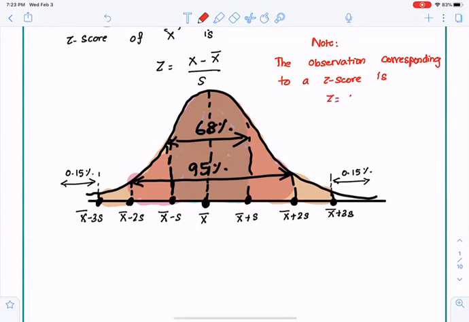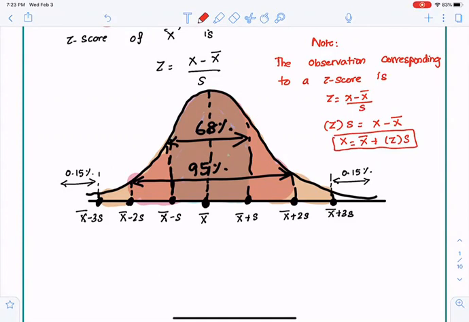If I rewrite our formula by multiplying s on both sides, I will have z times s equals x minus x bar. Add x bar to both sides, and I'll have x bar plus z multiplied by s.